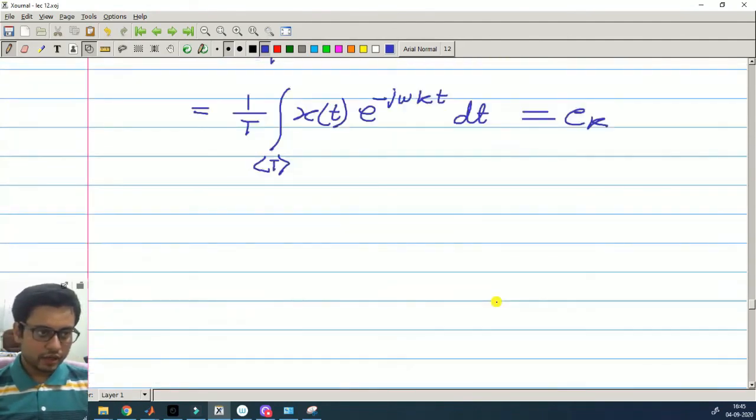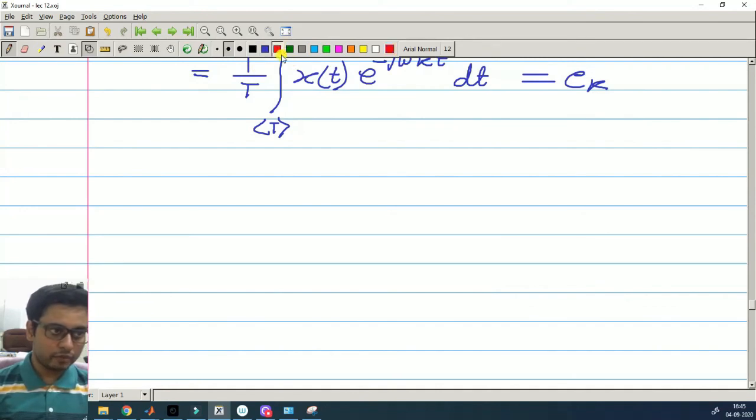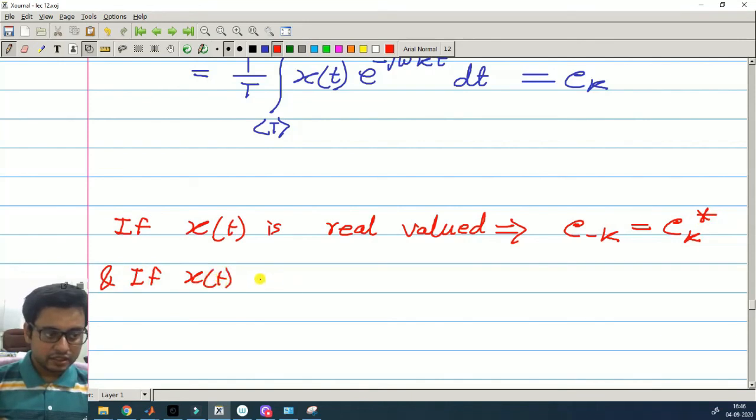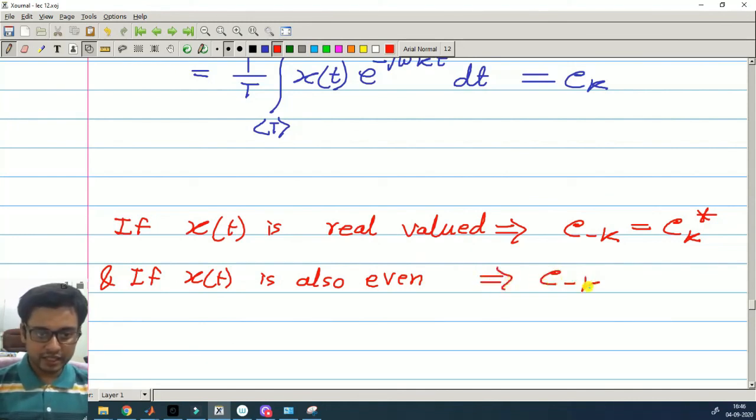Now an important observation you can make from this result: if x(t) is real valued, then we know that C minus k is equal to C plus k star, the complex conjugate. And if x(t) is also even, then we got C minus k equal to Ck.